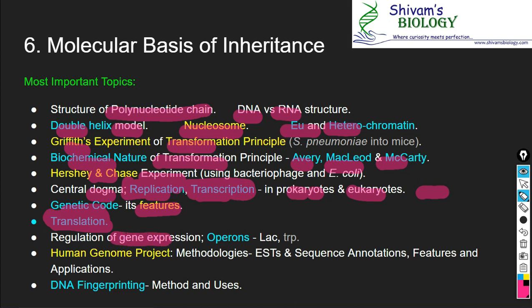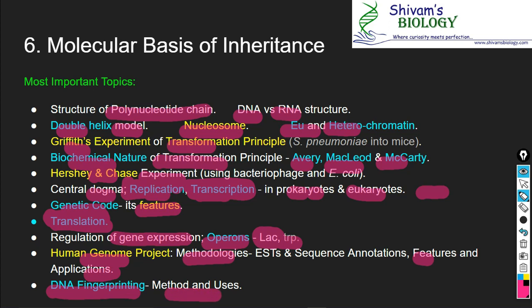Regulation of gene expression and the concept of operons. For board examination, only lac operon is sufficient, but for NEET, tryptophan operon is also important. After that, Human Genome Project, its methodologies and its features and applications are important. And DNA fingerprinting is very important for both the exams, that is board exam and NEET exam.